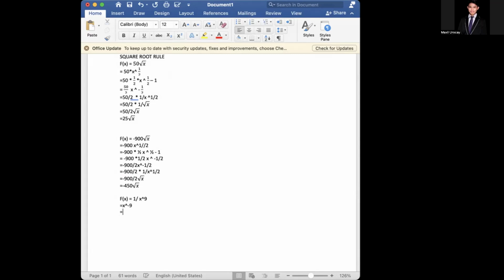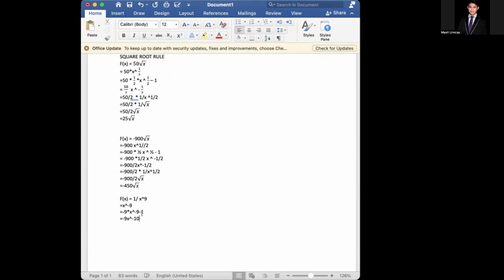Afterwards, we'll just apply the power rule. So negative 9 times x to the power of negative 9 minus 1. So it will become basically negative 9x to the power of negative 10.